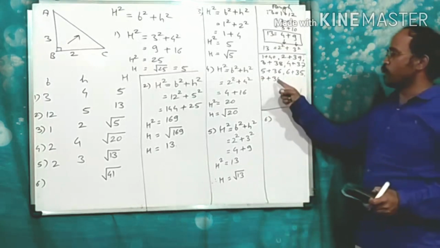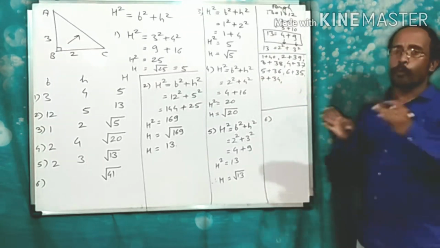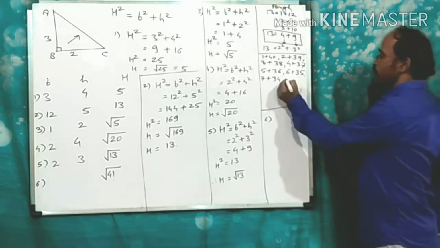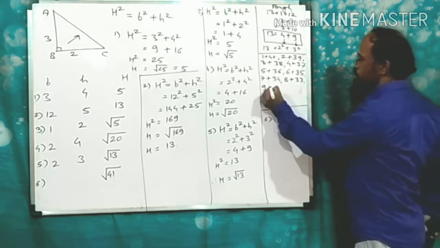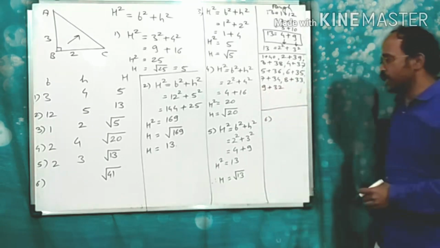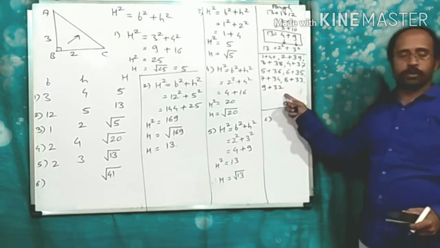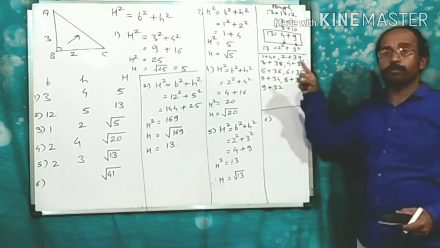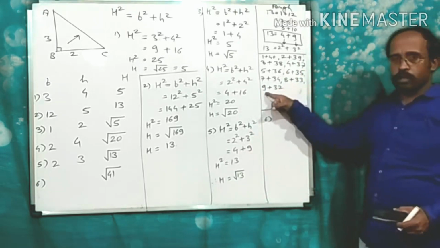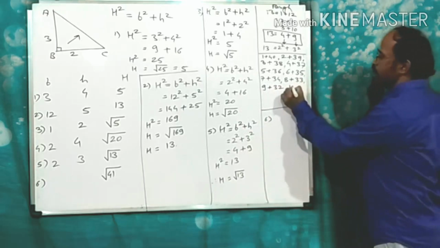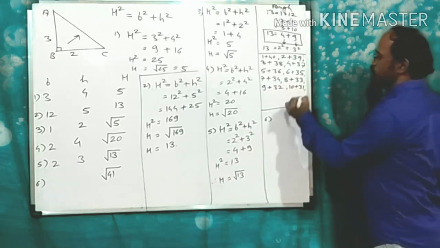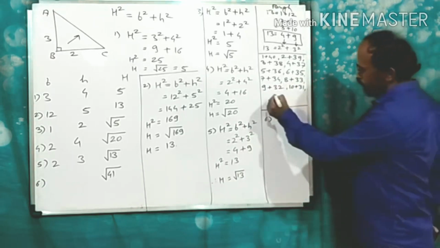So here 34 plus 7 is not addition of square numbers. 8 plus 33, 9 plus 32. 9 is a square, but 32 is not a square, and we want addition of two squares, not one square number and another non-square number. So 10 plus 31, both are not square.